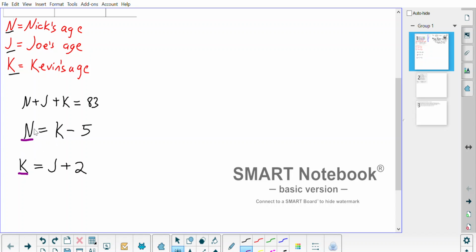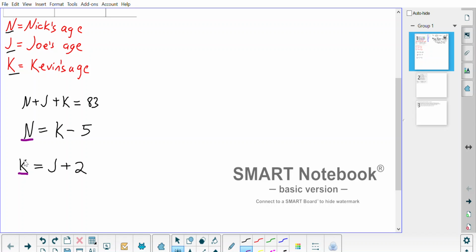Because we have N and K isolated, that's a good signal for us that we need to use substitution, right? We need to substitute everything. Now, it's kind of tricky because you're not sure which one to start with. Should I substitute the N first or the K first?